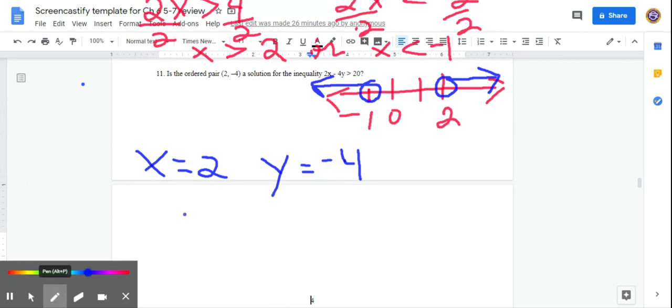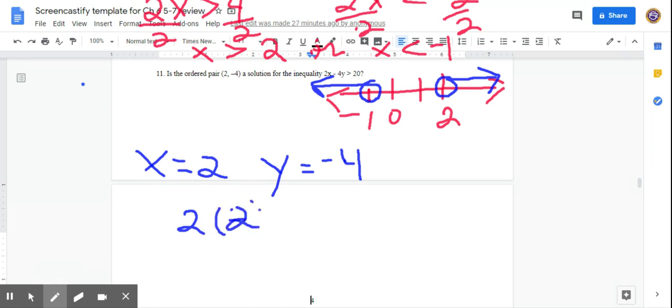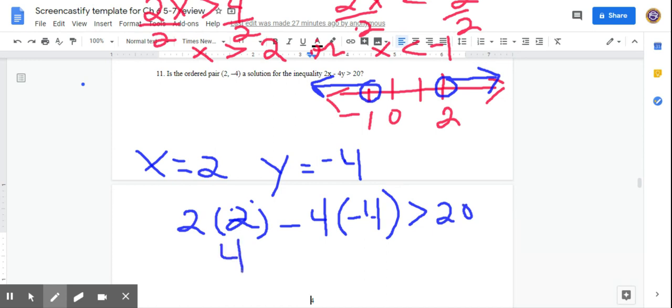So 2 times x, which is 2, minus 4 times y, which is -4, is greater than 20. 2 times 2 is 4. Here's where you have to be careful. Remember that this is a -4 because it's a plus negative. Okay, so -4 times -4 is positive 16.